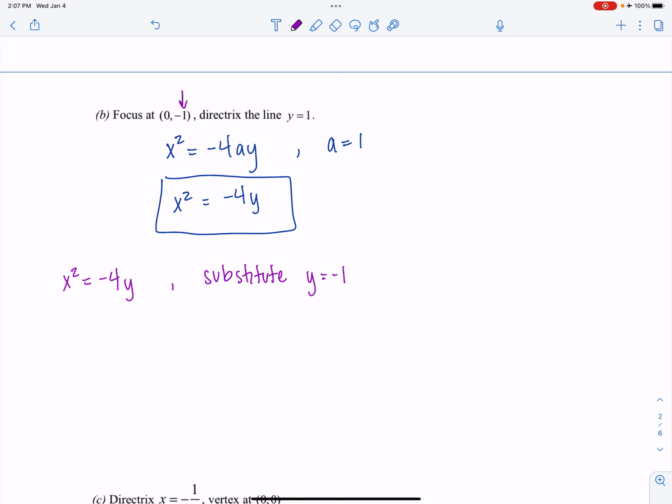If we substitute that in, we're going to get x squared equals -4 times -1, which is 4. And taking the square root, we'll get x is plus or minus 2. So when y is -1, x is 2 and -2. Those are our 2 points. So we have 2, -1, and -2, -1.